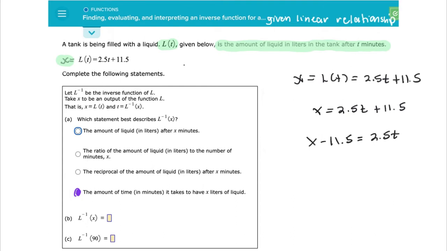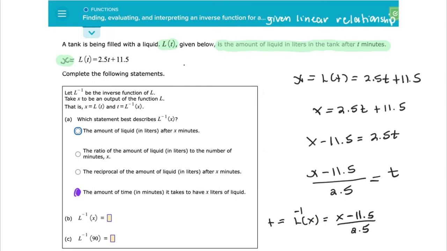And then the next thing we want to do is get the T isolated, so we'll divide both sides by 2.5. So x minus 11.5 all over 2.5 will give us the value for T. So now we have L inverse of x, which is equal to T, is given by x minus 11.5 over 2.5. When we substitute in x, which is liters, we get time.